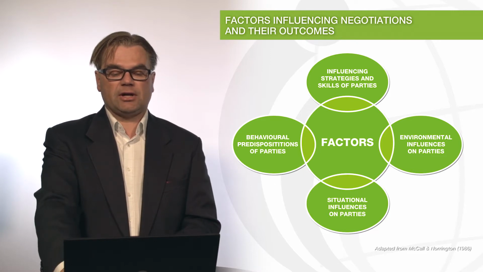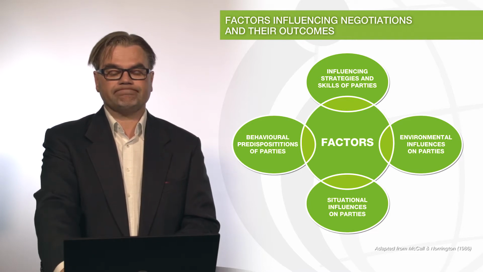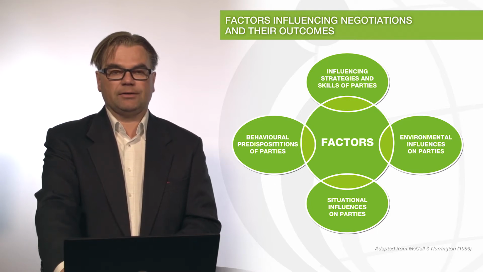Thirdly, situational influence on parties. It can be objectives of parties in relation to perceived issues, degree of mutual dependency, conflict of interest, motivational orientation. Fourthly, behavioral predisposition of parties.